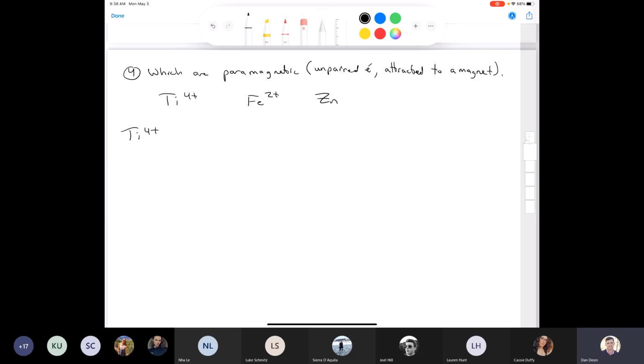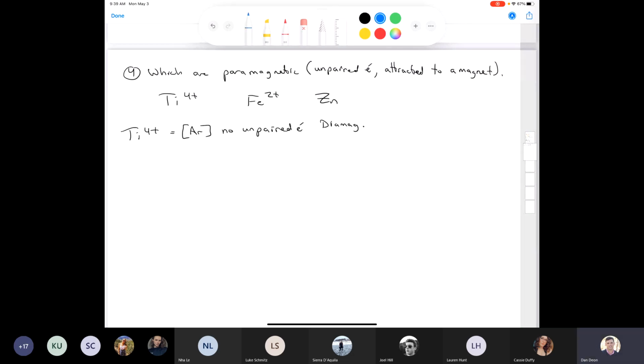So if it loses its 4 electrons, it's going to lose the 3d electrons and the 4s electrons, and then it's going to be isoelectronic with argon. Argon is a noble gas and it has no unpaired electrons. So that means it's going to have no unpaired electrons, and so it's going to be diamagnetic. It means it's not going to be attracted to a magnetic field. It'll actually be slightly repelled by a magnetic field.